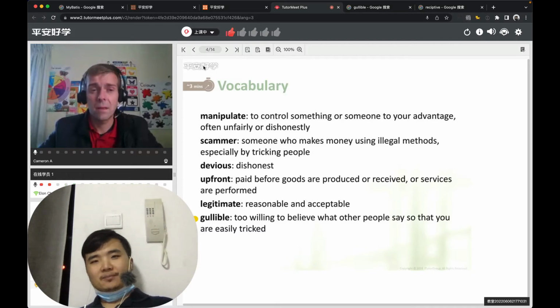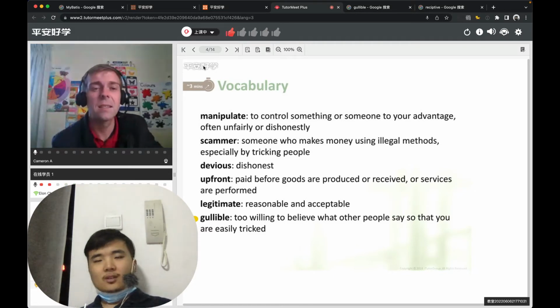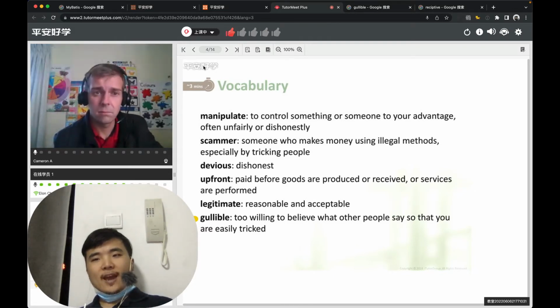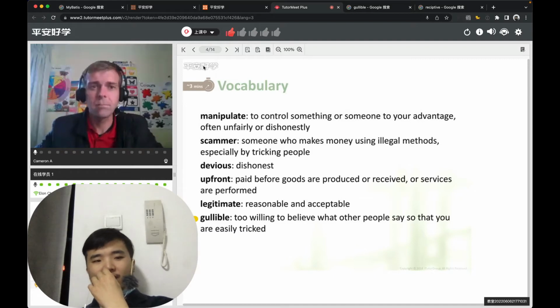I have met some elder people, who are very gullible because they are so kind that they think the advertisement is always true, and they will pay for the products and spend a lot of money to use the products, but it turned out to be a scam.